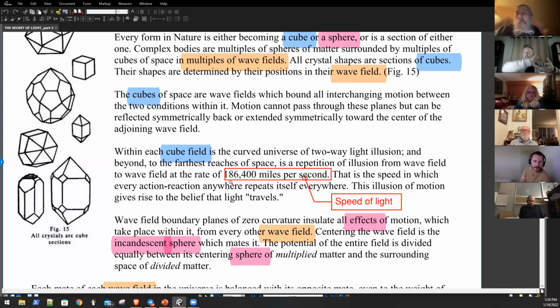It is just this creation of the multiplication that is giving you the illusion of travel, but it's really the refraction and the condensation of light at this rate of 186,000 miles per second. So do you understand that Walter Russell doesn't believe that light travels, but that it is the reaction that we're seeing that gives us the illusion of movement?